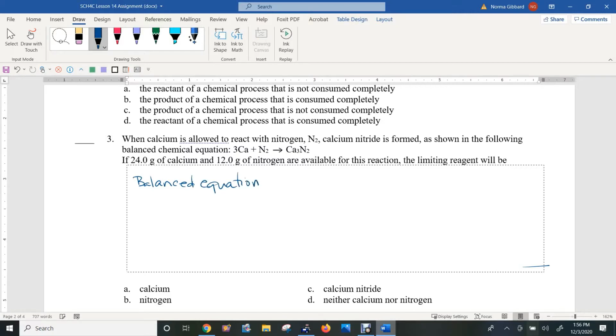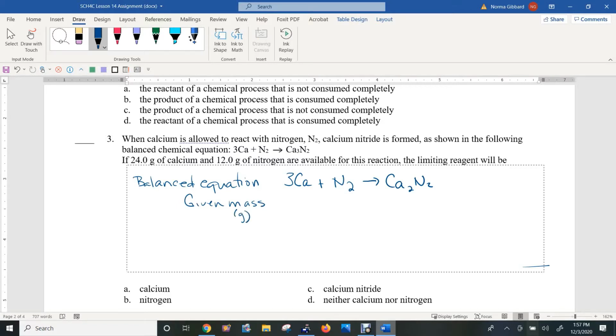In this question, it's given to us: 3Ca plus N2 produces Ca3N2. Now, the next thing we want to do is identify the given mass for each in the equation, and this is in grams.